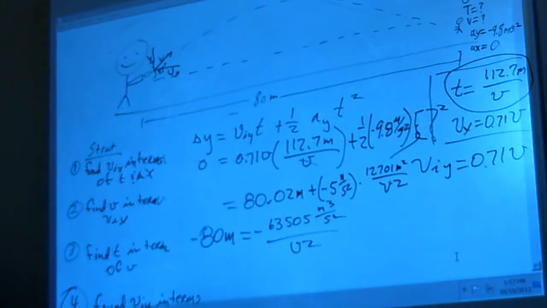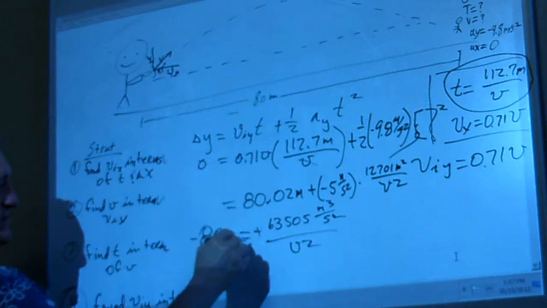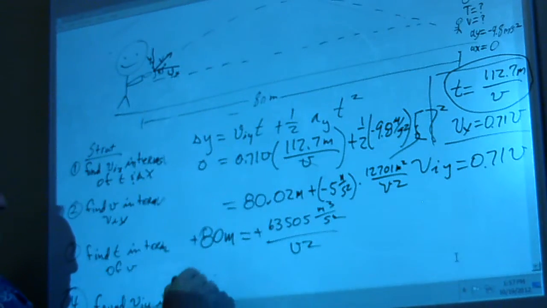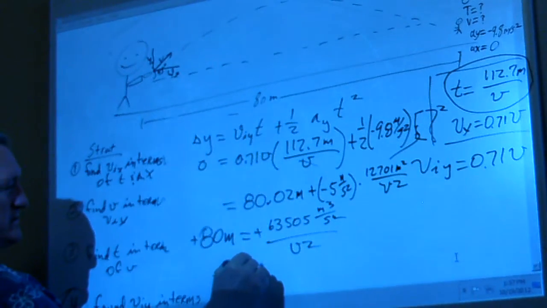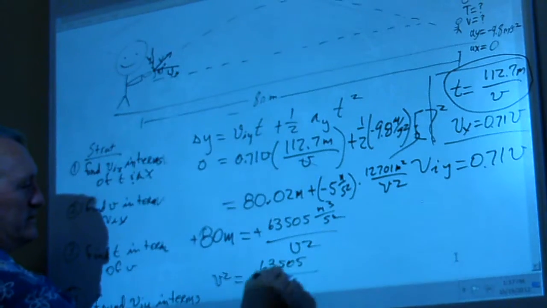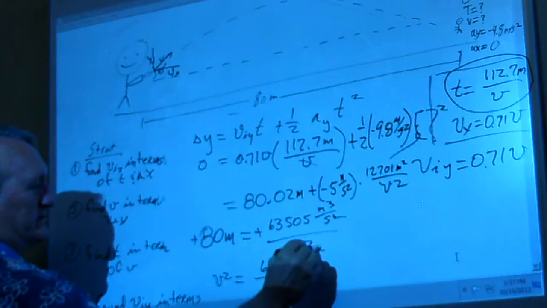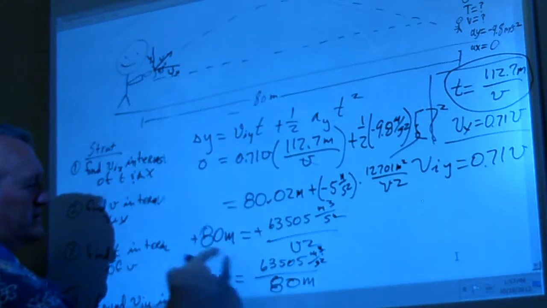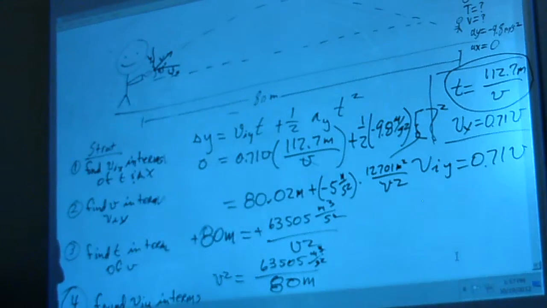Solve for V squared. Get rid of my negatives like we did last time. V squared is now 63,505 meters cubed per second squared. I'm speeding up a little bit because we're running out of time. I can move my V over here and my 80 over here.